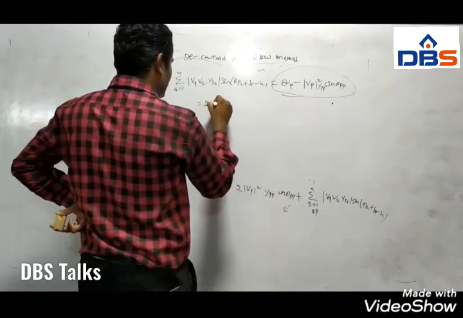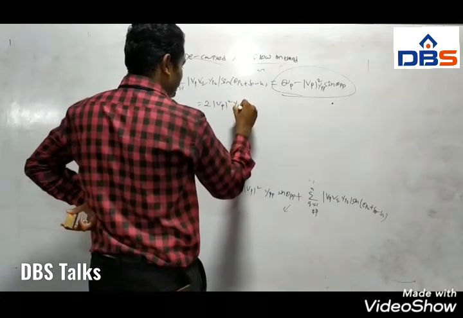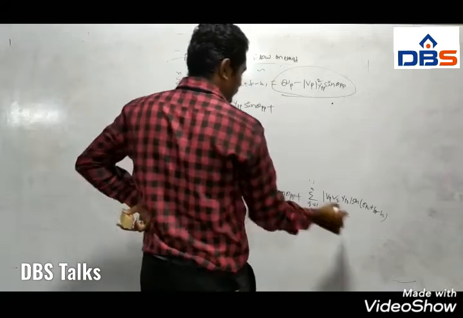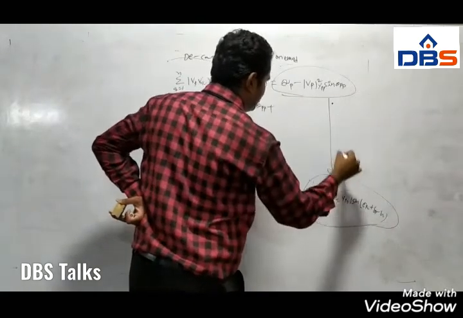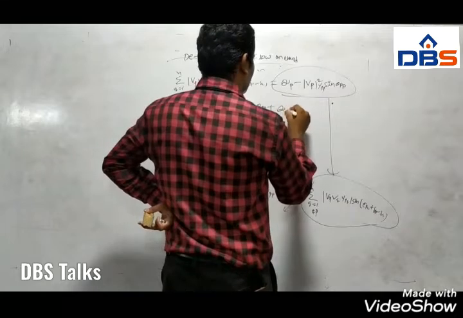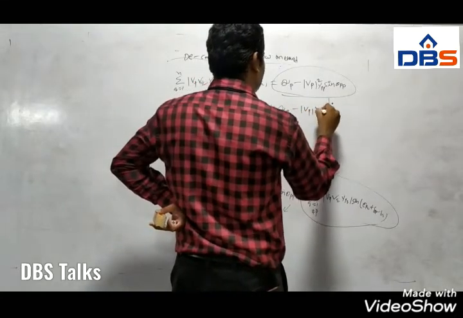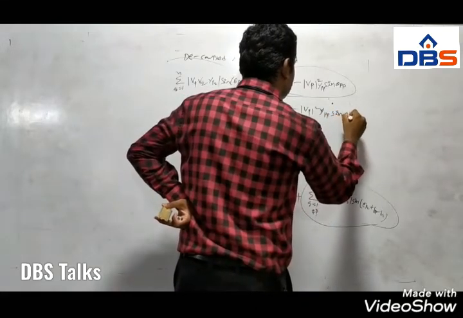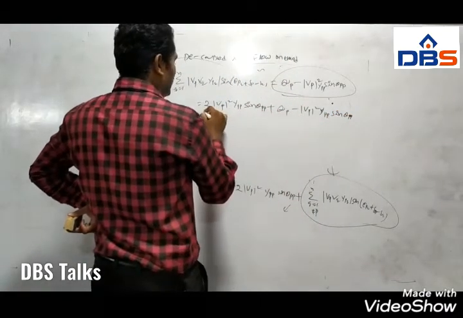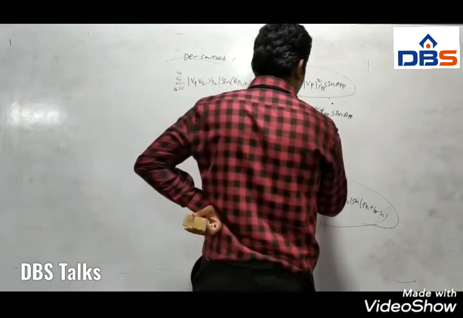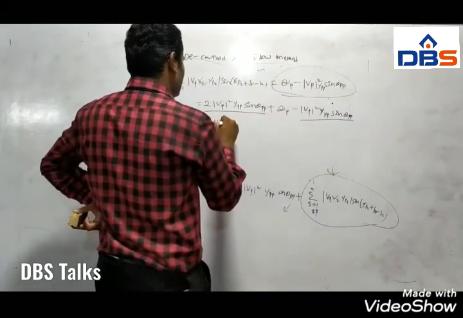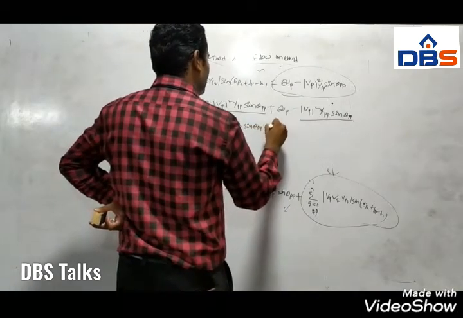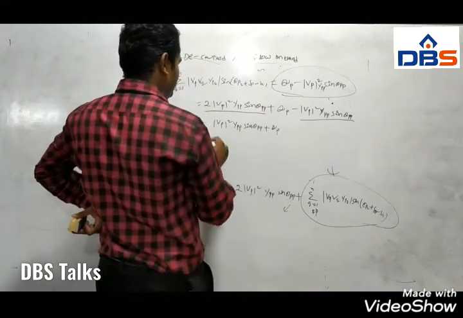So it will give 2|Vp|² Ypp sin θpp plus, substituting this one, Qp minus |Vp|² Ypp sin θpp. So 2|Vp|² Ypp sin θpp minus |Vp|² Ypp sin θpp gives |Vp|² Ypp sin θpp plus Qp.